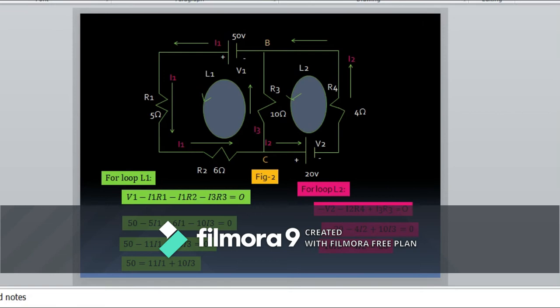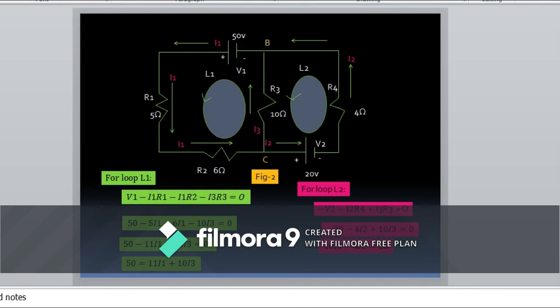For loop L2, the current I2 is flowing from positive to negative terminal. Then the V2 of the battery is from high potential to low potential. So it shows potential decrease. Hence it is regarded as minus V2. The loop direction is along the direction of the current through the resistor R4.